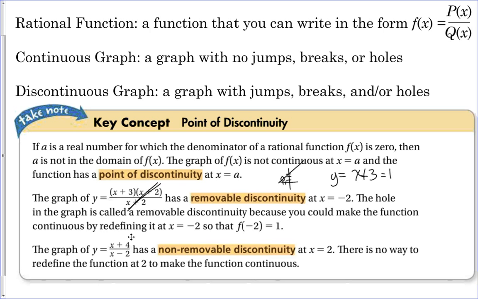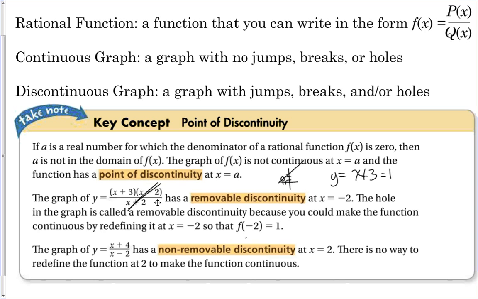Like in this case, you have x plus 4 over x minus 2. You have a non-removable discontinuity at x equals 2 because there's no way to get that x minus 2 out of the denominator. So that's a non-removable discontinuity, where here we can get the x plus 2 out of the denominator. So therefore it is a removable discontinuity.